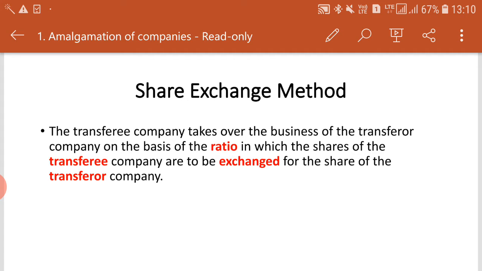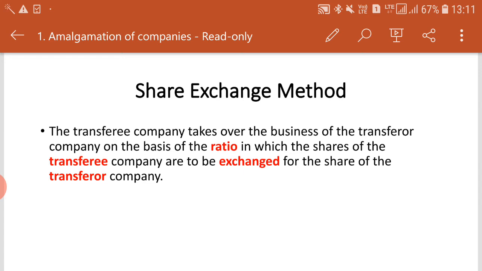Can you all identify which one is the transferor company and which one is the transferee company? It is Mark Limited, right? Since Mark Limited has taken over Magnolia Limited, yes. So the transferee company is Mark Limited.